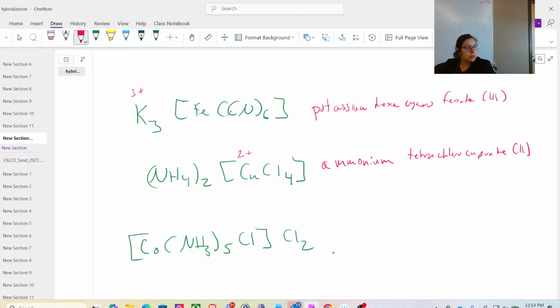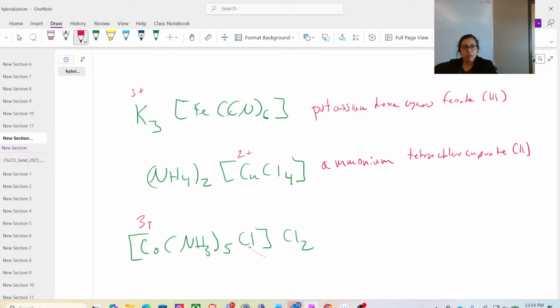Then our last one, so now this is, right, our cation again. Balance out our charge here. So let's see. So what's our oxidation state of copper here? Oh, sorry, cobalt, thanks. So +3, good, right?